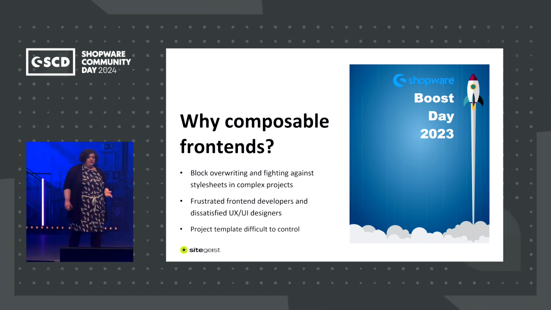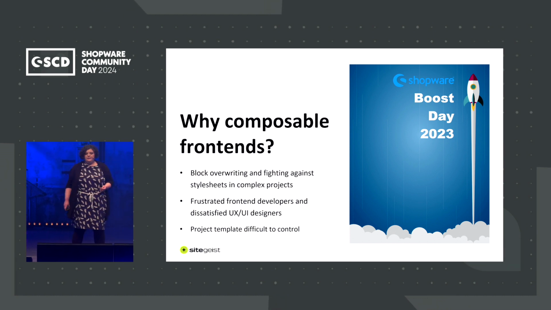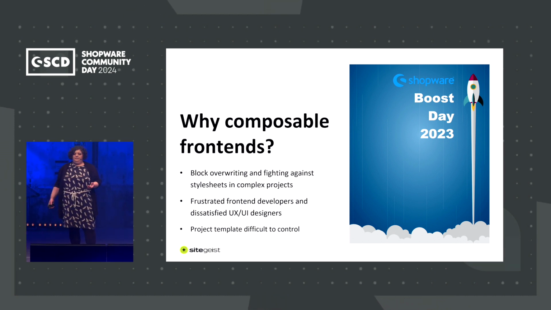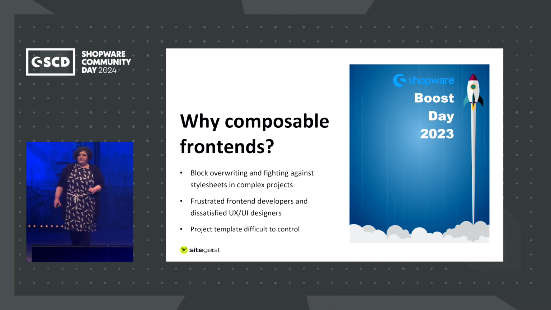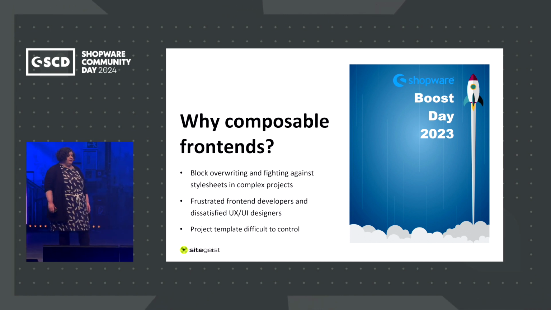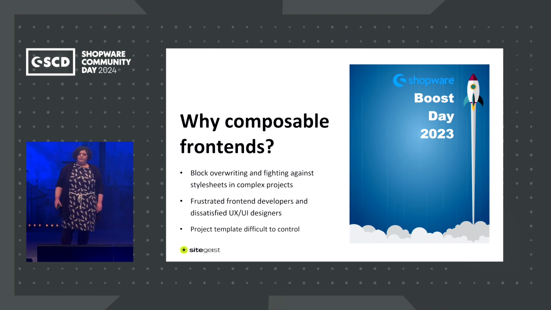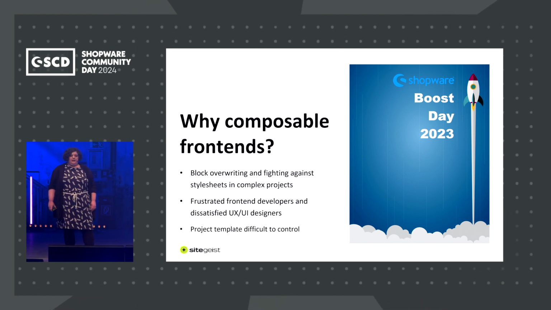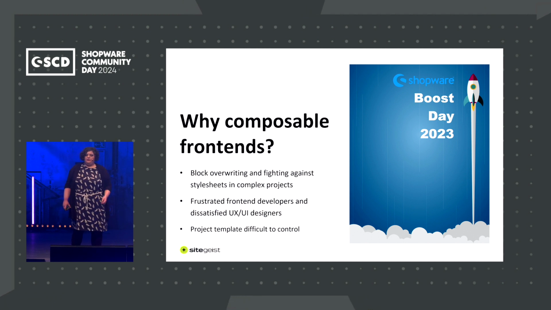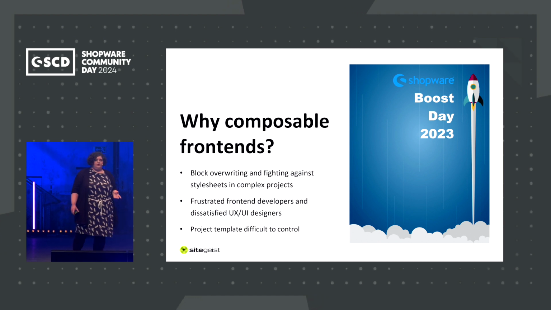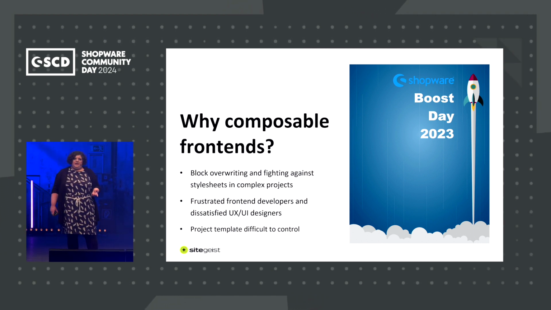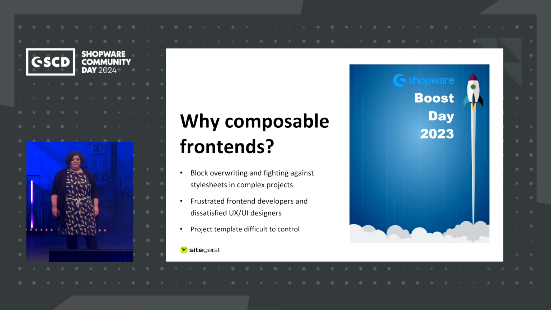We decided to try composable frontends because our biggest pain point was, the more the layout was different from the Twig storefront template, the more problems we got regarding template overrides and especially style sheet overrides after some project time. The more we changed in the Twig storefront, the more issues we got with all the style sheets.